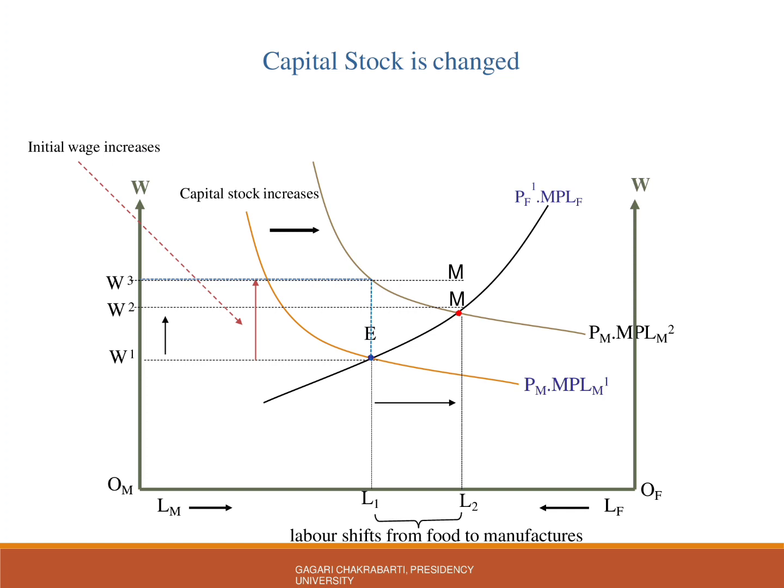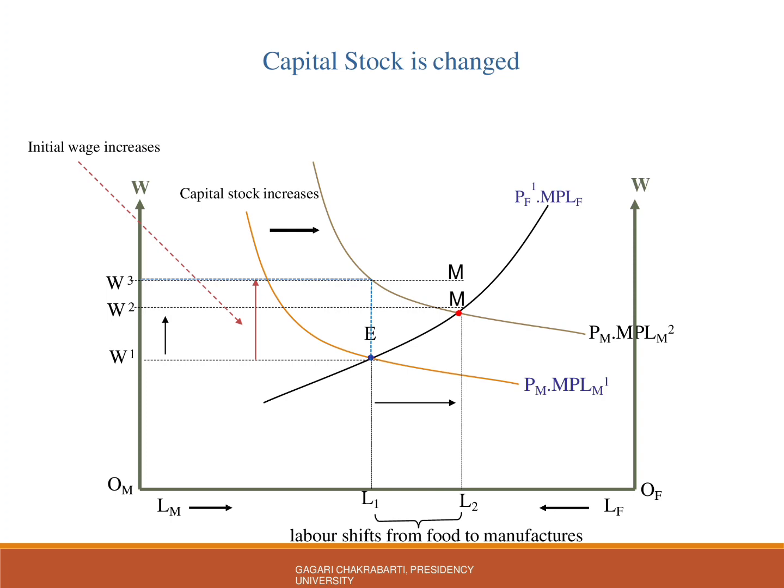Employment of labor has increased in the manufacturing sector. So therefore marginal productivity of capital has increased and capital owners are now better off. What about the landowners? The employment of labor has decreased in the food sector. So therefore marginal productivity of land has decreased. So therefore the landowners are worse off.